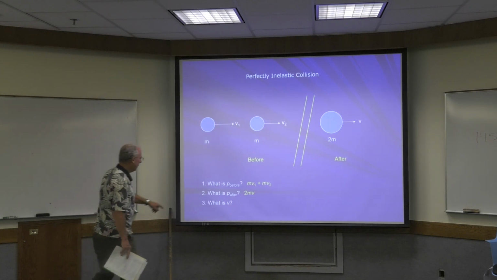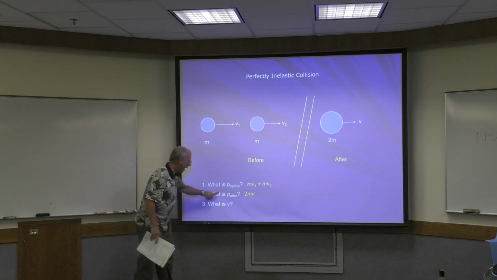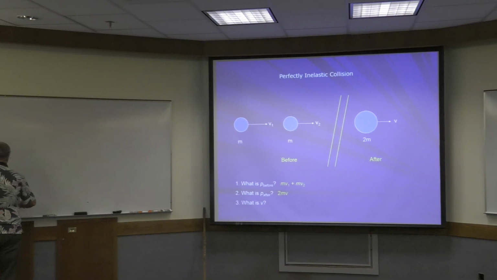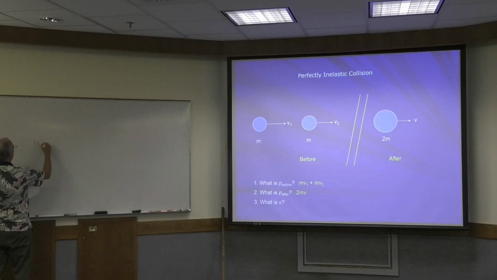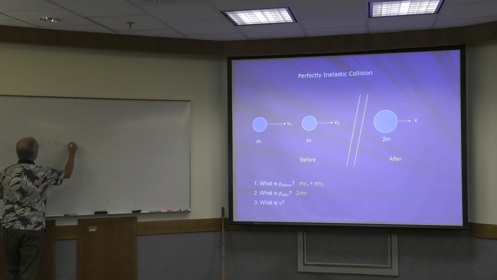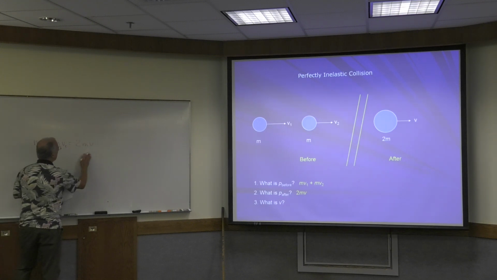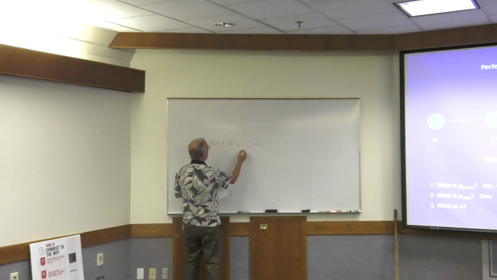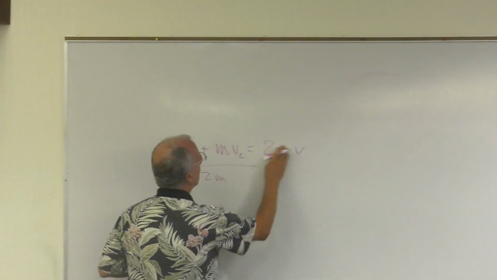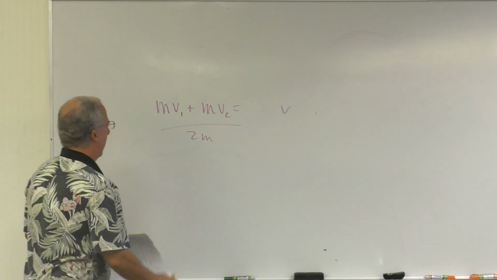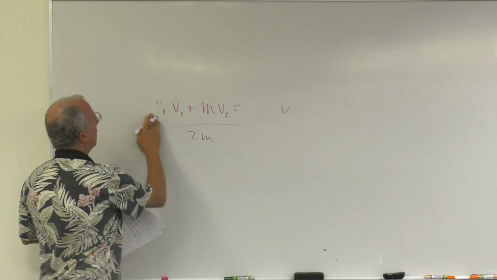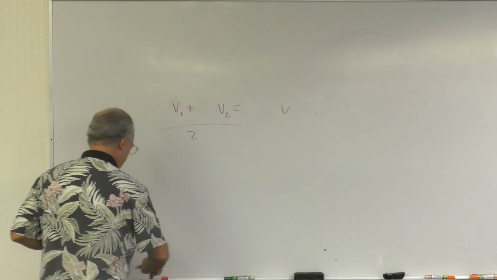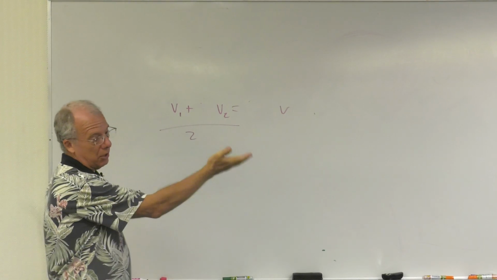So this has to equal that. So mv1 plus mv2 equals 2mv, right? Momentum initial equals momentum final. So to calculate v, just divide by the 2m. That's true, but you can get rid of all the m's. Might as well. And there you go. So that's always going to be true in a situation like that.